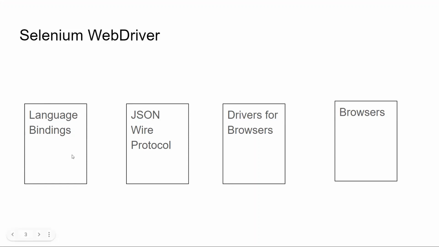It is converted into your JSON wire protocol format, right? So this enables the interaction between your language bindings, and it interacts with the server, right? And it performs the operations on these browsers.